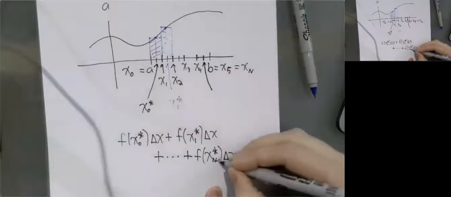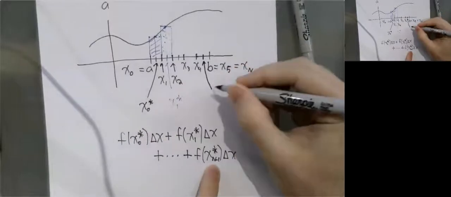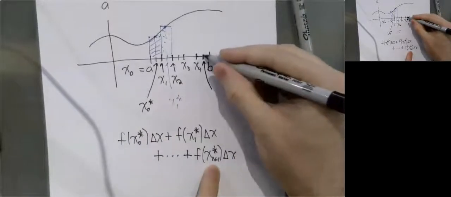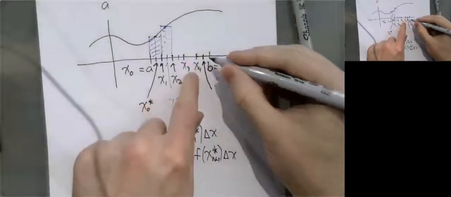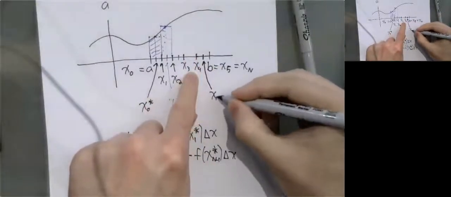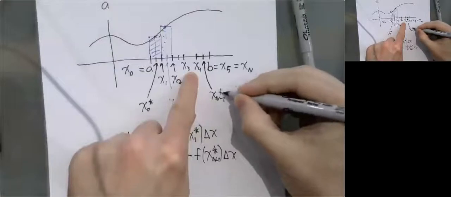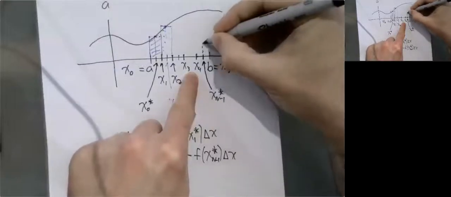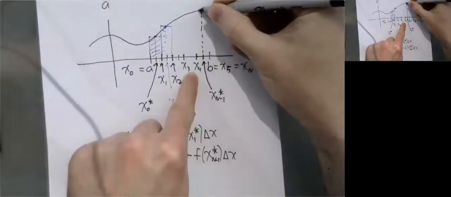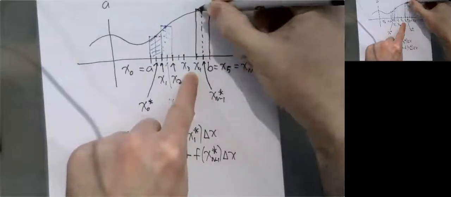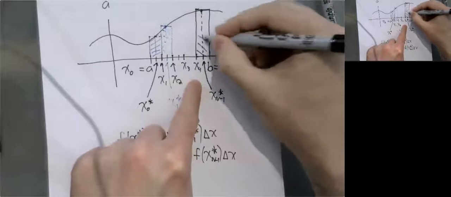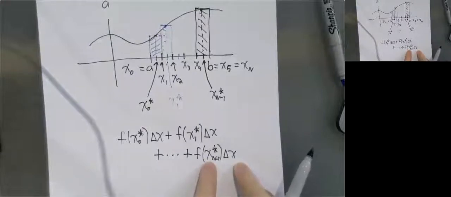Oh, this should be x n minus 1 star. So this point that we just selected that belongs to the final subinterval, we're going to call this x n minus 1 star. And then let's draw this rectangle, and let's compute the area of this final rectangle. That's what we've done here. That's the contribution of the final piece.